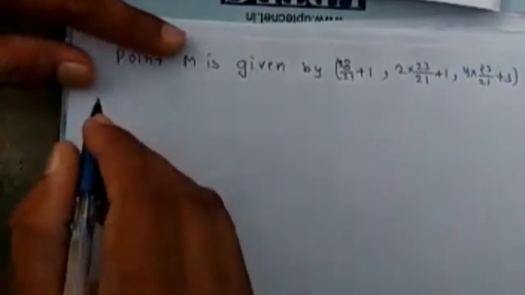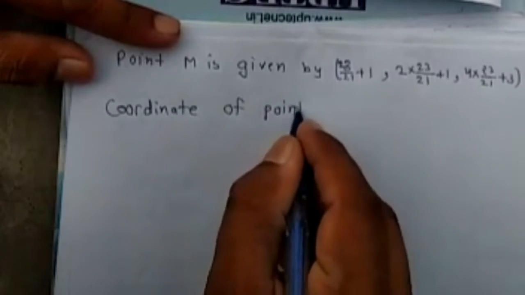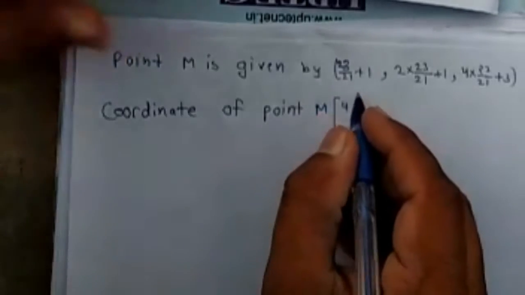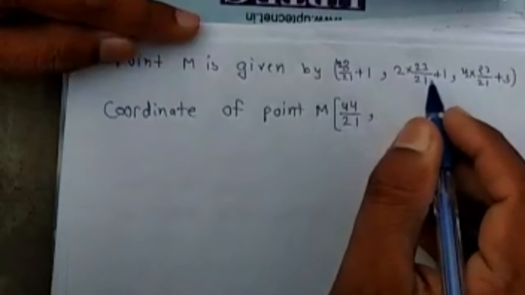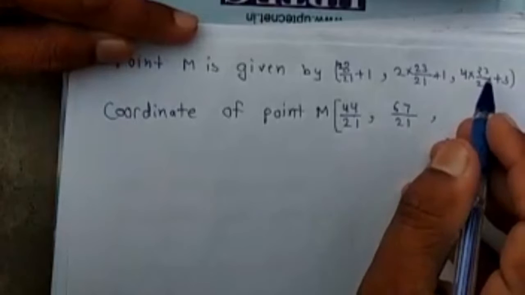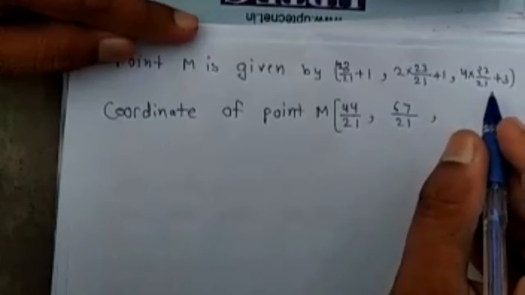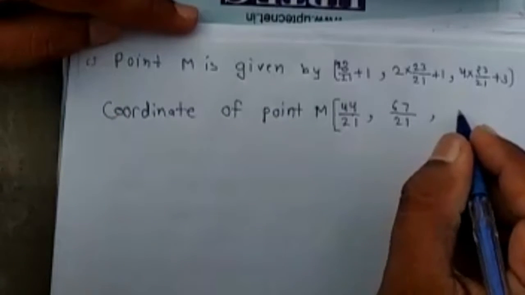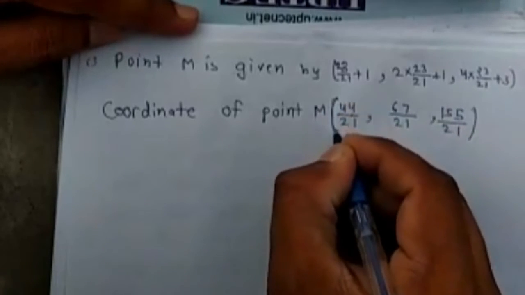Then the coordinate of point M is (44/21, 67/21, 155/21).